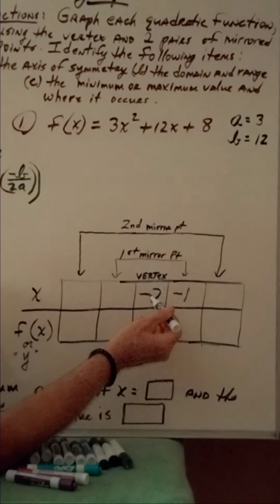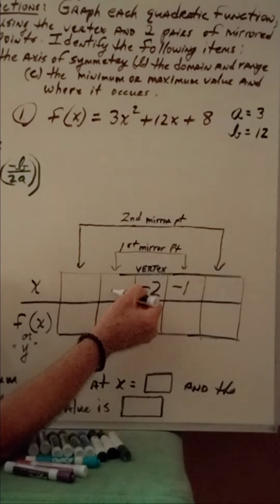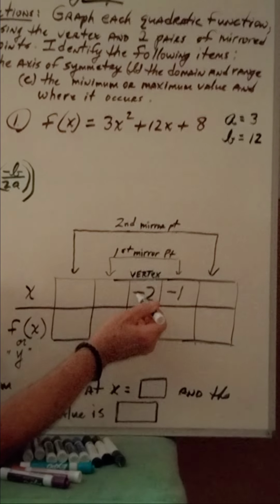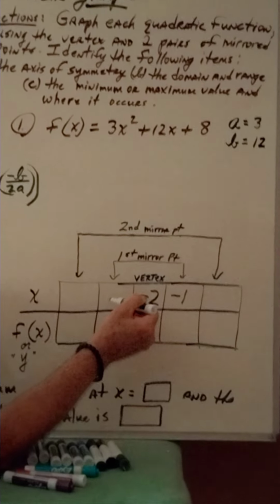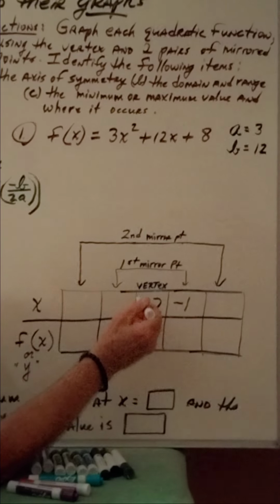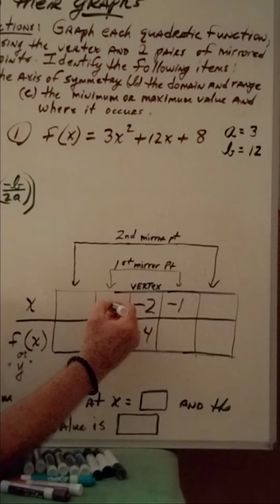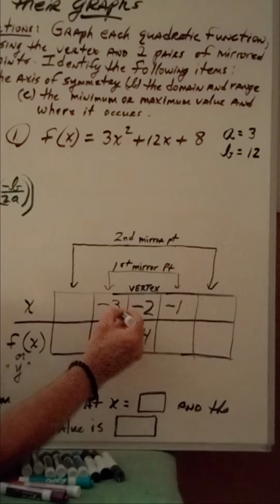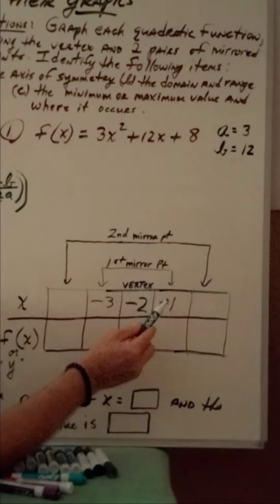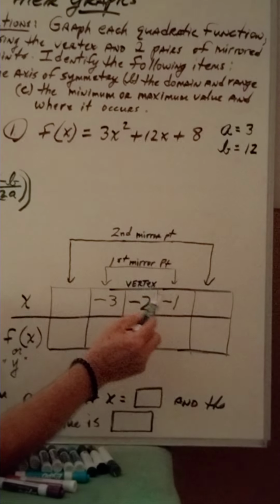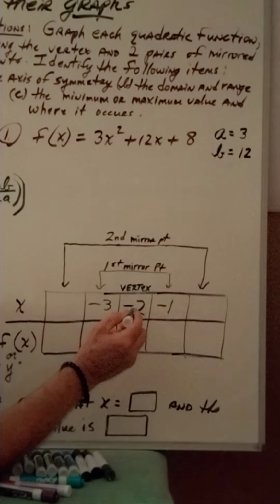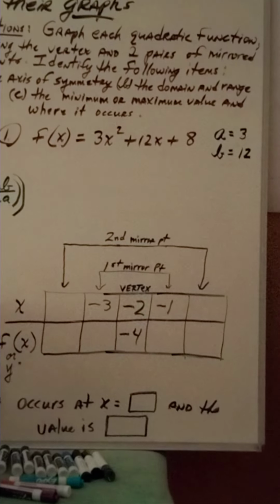Now, over here, for the x value of this mirrored point, we're going to go 1 unit to the left on this x-axis or number line. And 1 unit to the left of -2 would be -3. Notice that each of these x values, -1 and -3, is the same distance away from the x value of the vertex.